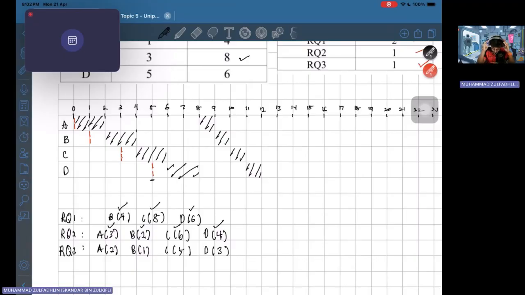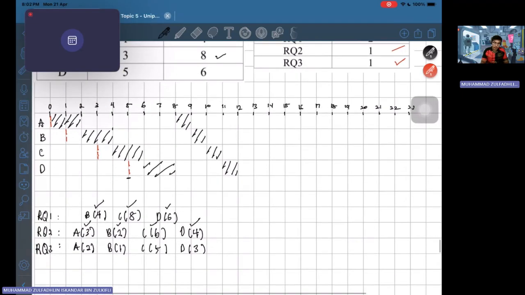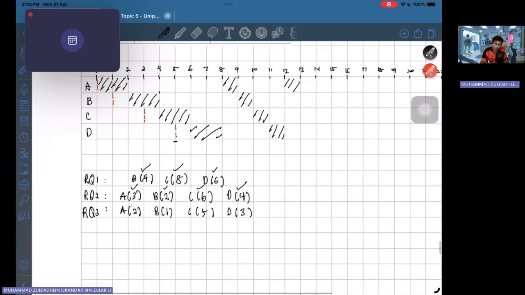So we move back to A. It has 2 remaining service, and the RQ3 time quantum is only 1. Then we proceed as usual. A runs for 1 second, so the remaining of A is 1.